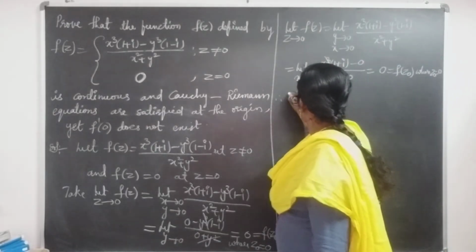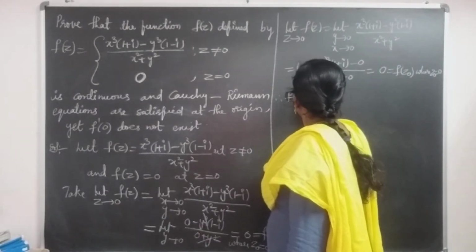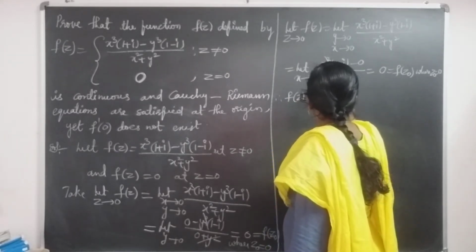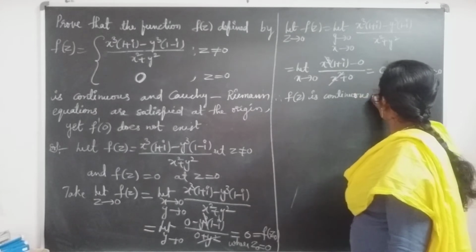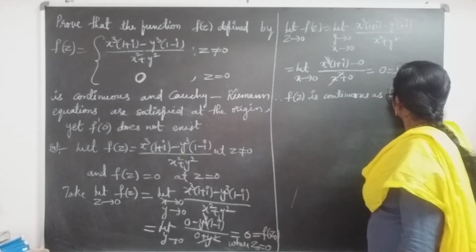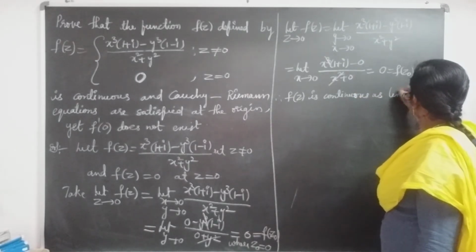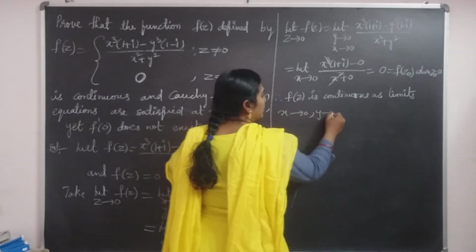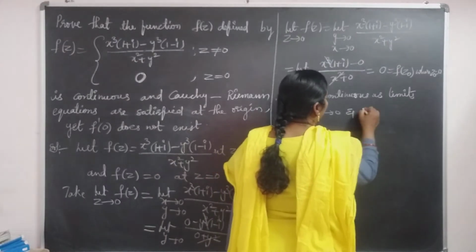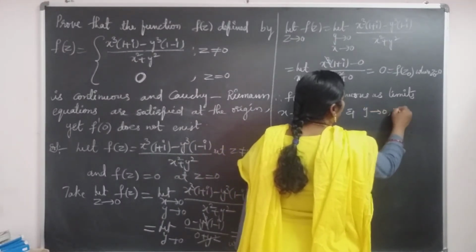Therefore f of z is continuous as limits x tends to 0, y tends to 0 and y tends to 0, x tends to 0.